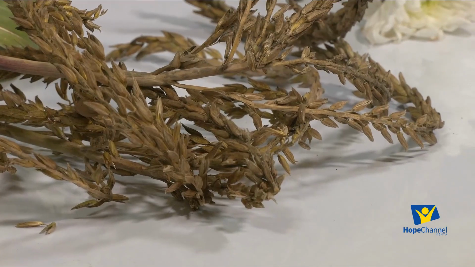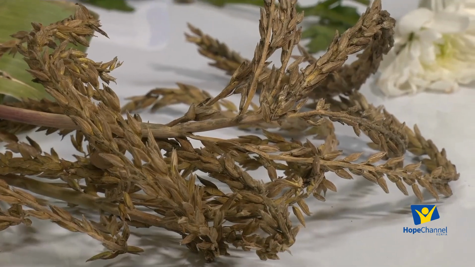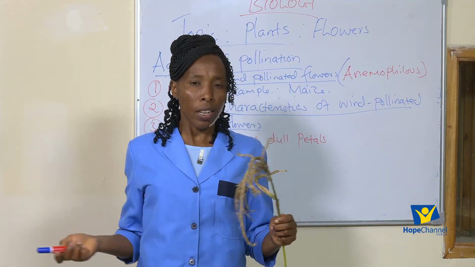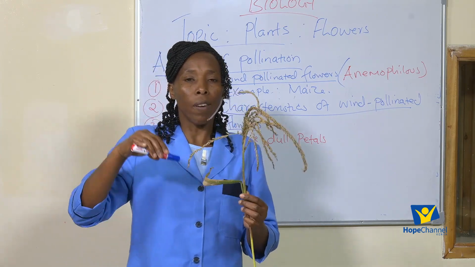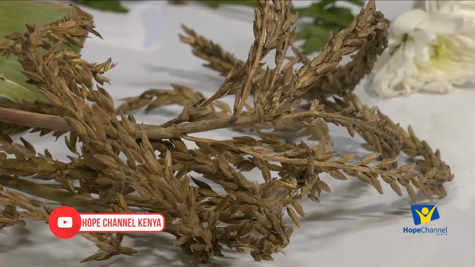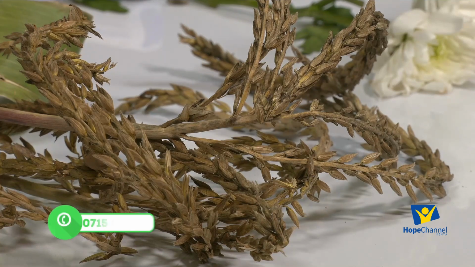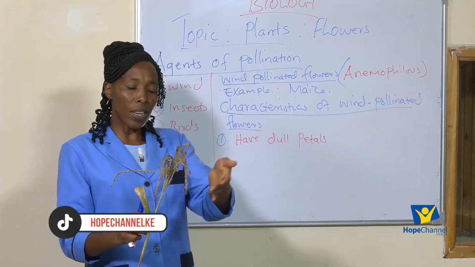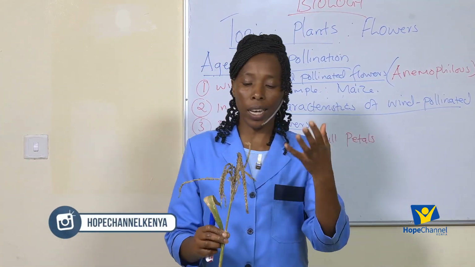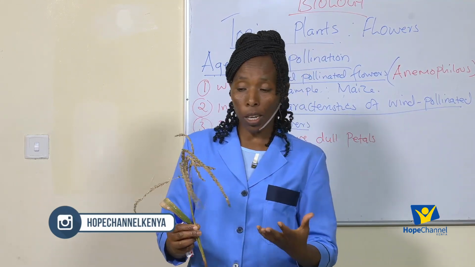So if they have dull petals, then it means they are not attracting any agent of pollination. So it means that flower must develop another mechanism of pollination. So that is why you realize that the wind-pollinated flowers, because they are dull, they cannot attract any agent of pollination.